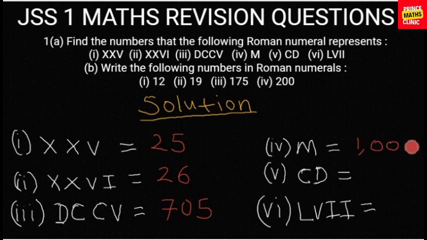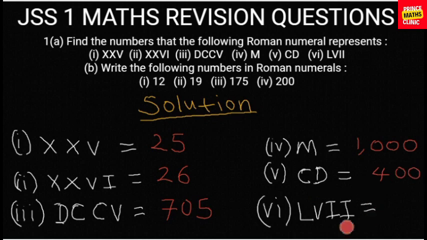So this is 1000. Then when you have a small number come before a big number, what you do is subtract that small number from the big number. The big number here, D, means 500 and C is 100. So therefore we are going to say 500 minus 100, which will have what? 400.